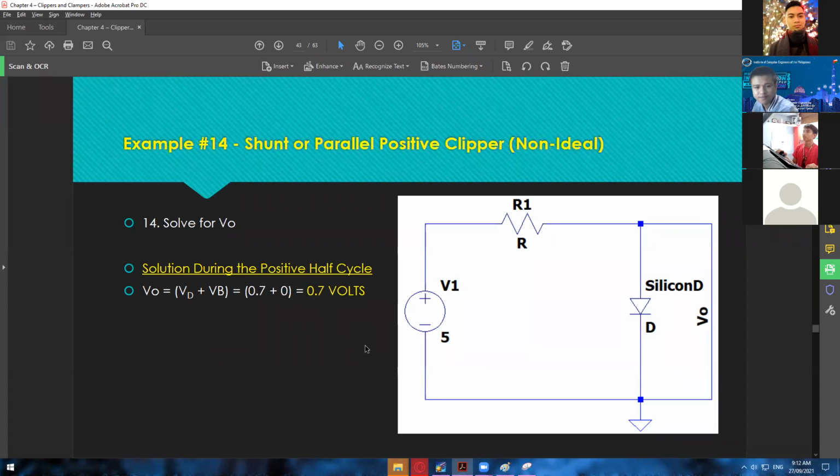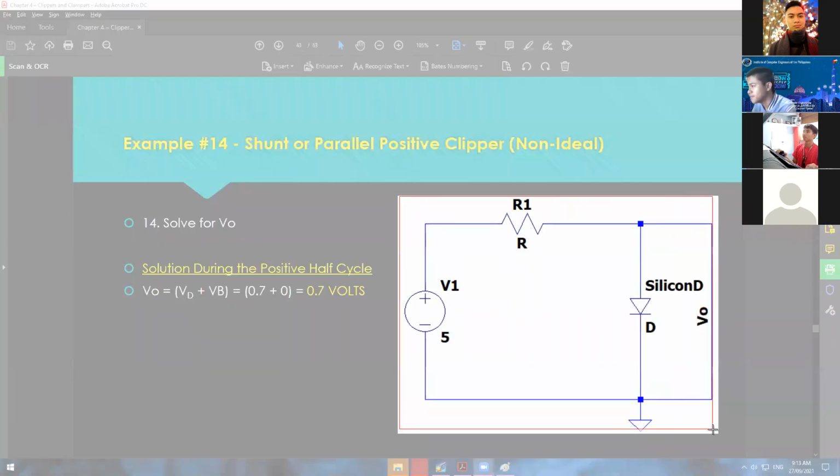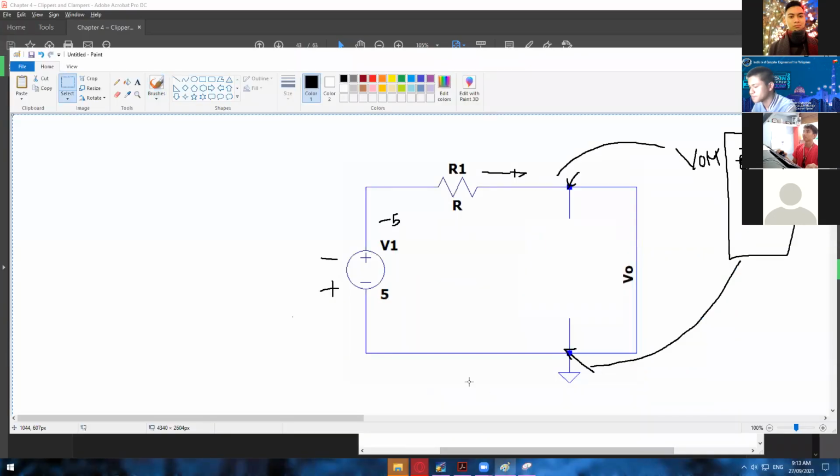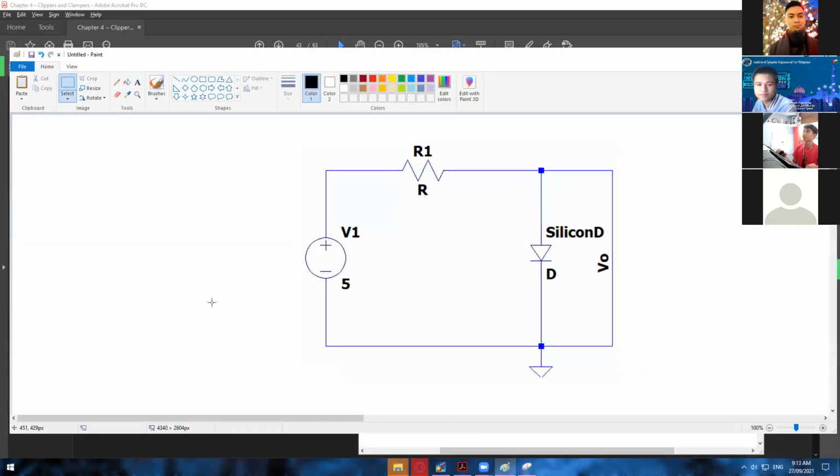Yes, sir. Okay, now I have a question. What is the reading of my VO if I have a voltage input of 0.6 volts? Anyone? What is the reading of my VO? 0.6. 0.6.